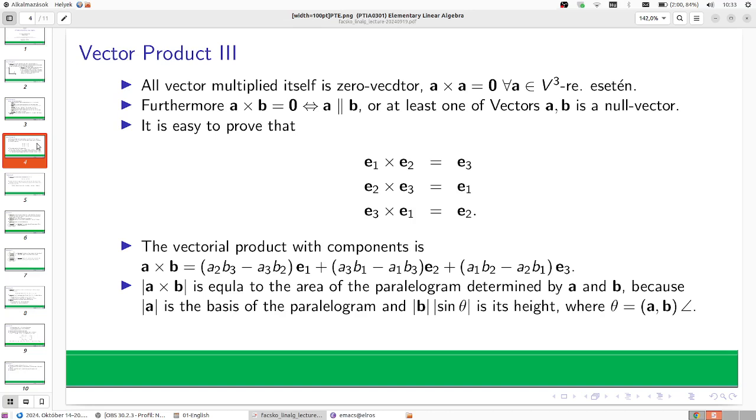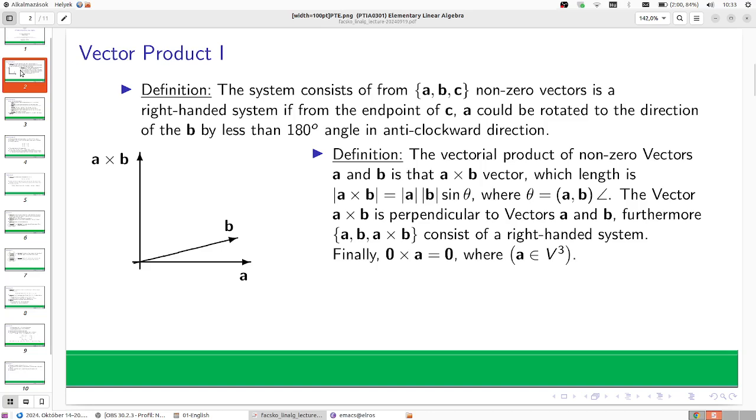Okay, remember for these unit vectors, these are normal vectors. Their length is 1. So if you do these calculations, A is the e1, then B is the e2, then the third one is the cross product of the first.